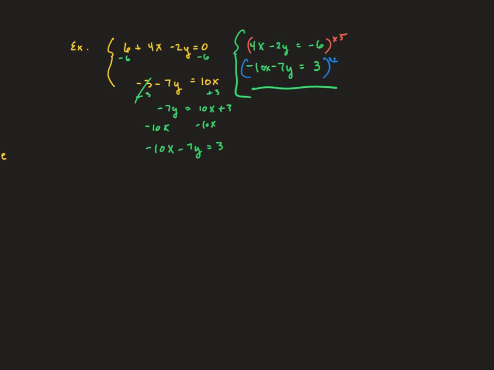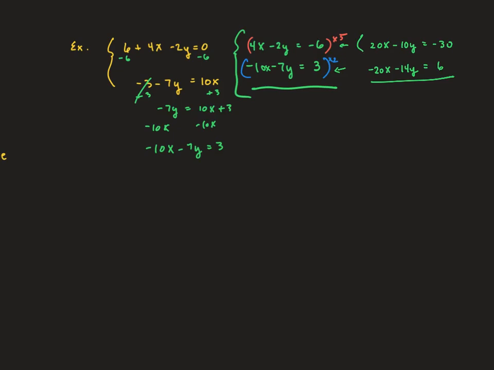So when I do that, multiplying this equation by 5, I end up with 20x minus 10y is equal to negative 30. And then multiplying this equation by 2, I get negative 20x minus 14y is equal to 6.